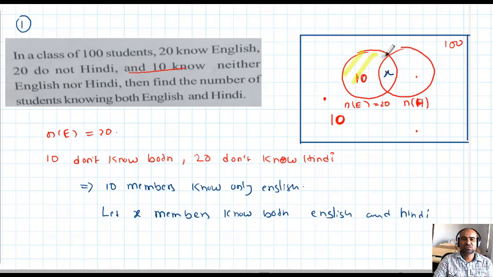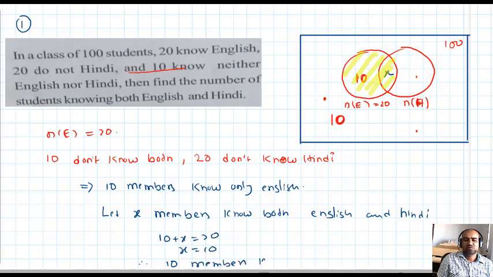This total is English, no? Total English is 20, already only English 10. 20 minus 10, that is X. That is X, nothing but 10. So 10 know both the languages. I will write it: 10 plus X should be equal to 20. X equals 10. Therefore 10 members know both the languages, both English and Hindi.